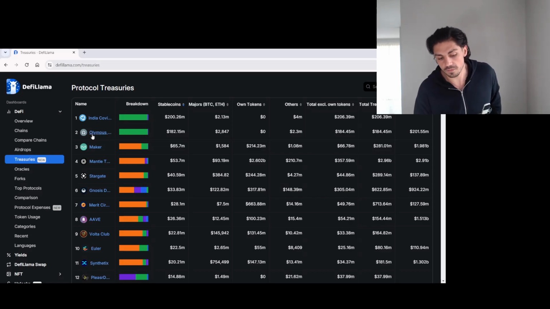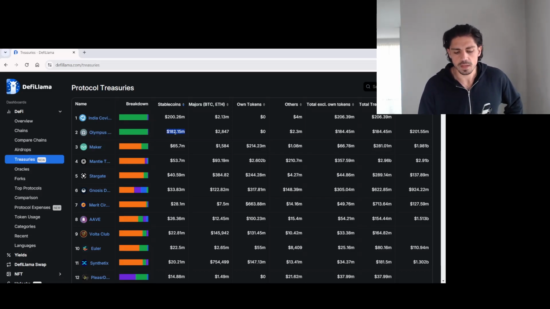And Olympus DAO is a very famous example of a huge treasury, 182.15 million of stablecoins that the community, the DAO of Olympus DAO, can actually govern and put into different things, right? Different investments, other tokens, potentially other stocks or commodities or US treasuries, like I was saying MakerDAO is currently doing.